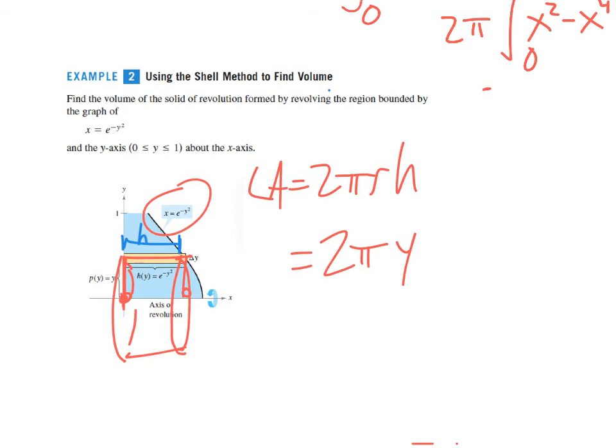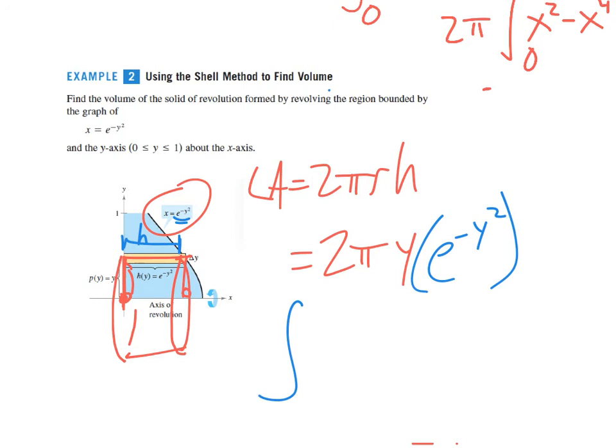The height of a cylinder is the distance between the two circles. So the height, that distance there, is our function, e to the negative y squared. There you have it. That is one ring, so we're going to add up all the rings.